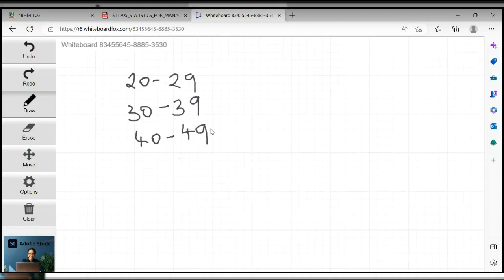I ask you to calculate the lower class boundary for this one. Please try it, 30 seconds, and give me your answer.